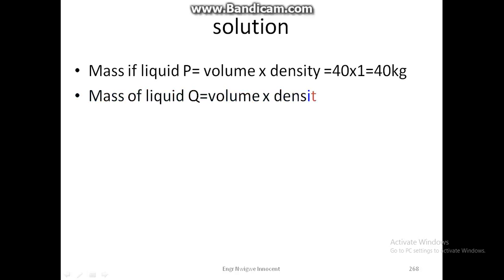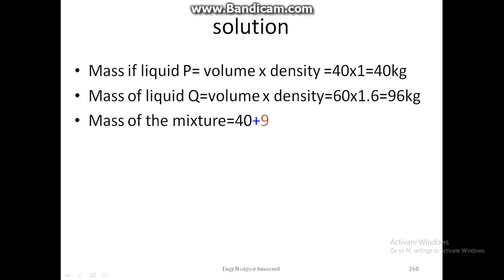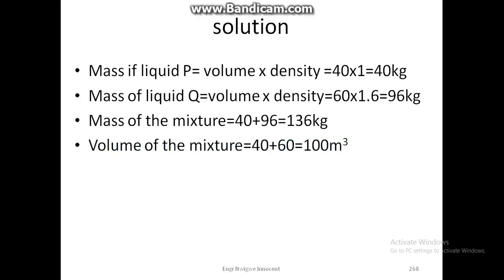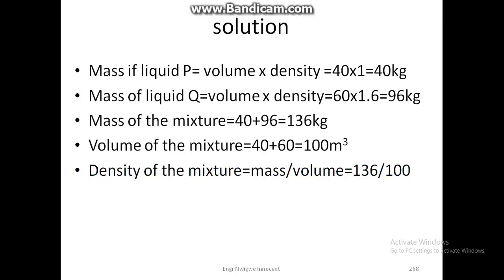Mass of liquid Q equals 60 times 1.6, which is 96 kg. Mass of the mixture is 40 plus 96, which is 136 kg. Volume of the mixture is 40 plus 60, which is 100 cubic meters. Density of the mixture equals mass over volume, which is 136 over 100, giving 1.36 kilogram per cubic meter.